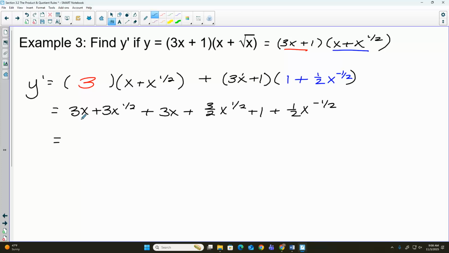So like terms, 3x plus 3x would be 6x. 3x to the 1/2 and 3/2 x to the 1/2. So that's like 6 over 2 plus 3 over 2. So 9 over 2.